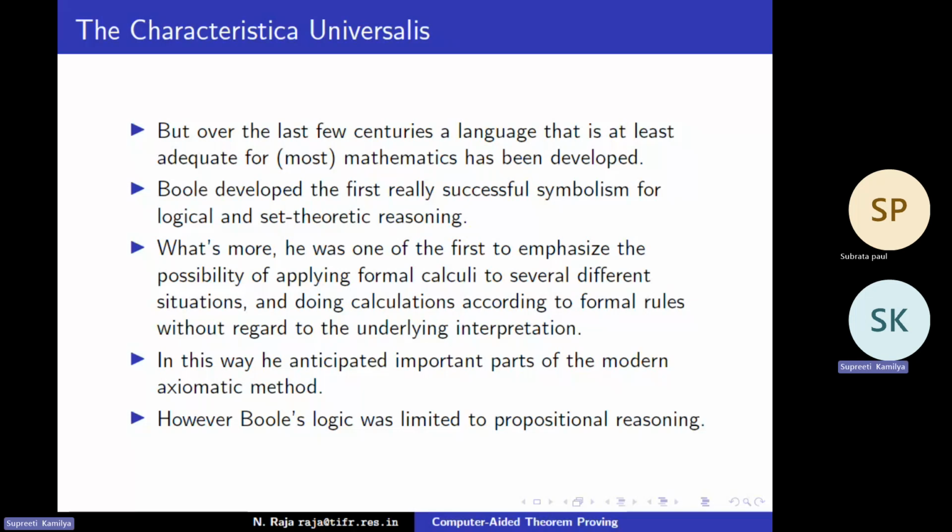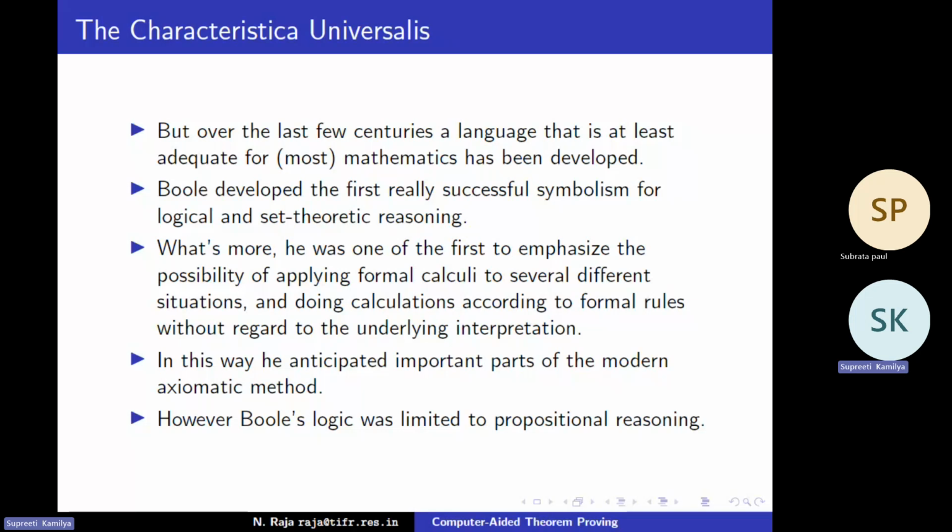In this way, Boole anticipated some of the important parts of the modern axiomatic method. The axiomatic method started with Euclid or even before him with Aristotle, but the modern method is quite different, which evolved around the turn of the 20th century. And Boole's work was a precursor to this modern method.